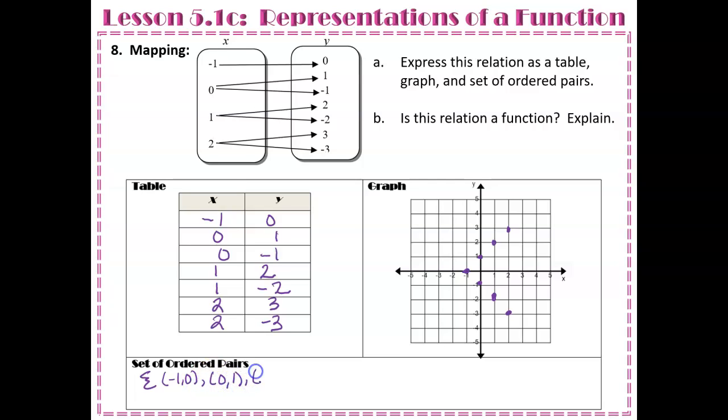The best place to get this from is the table, because then you won't miss any. There you go. Is this relation a function? Nope. Look at it. Fails the vertical line test right here.